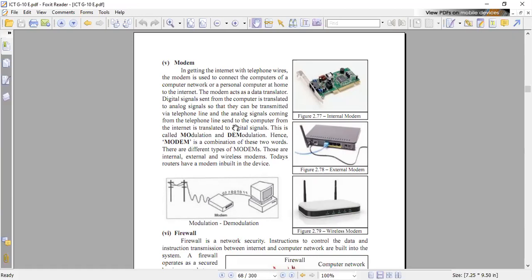Most of the routers have a modem inbuilt in the device.